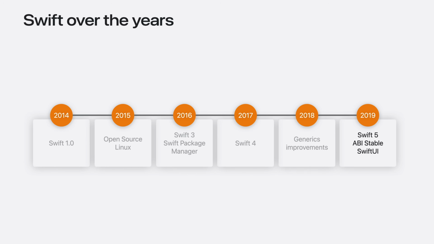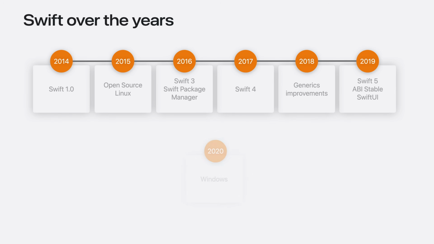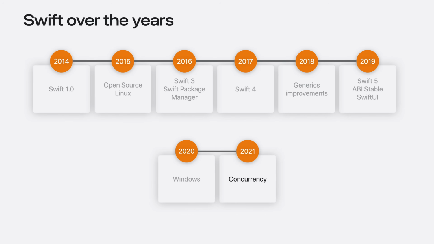And we did, with the introduction of SwiftUI, which leverages Swift's unique features to build UI apps better, faster. By 2020, Swift arrived to more platforms, and the community port to Windows became officially available on Swift.org. We introduced a key feature, the concurrency model, with async await, actors, and structured concurrency.